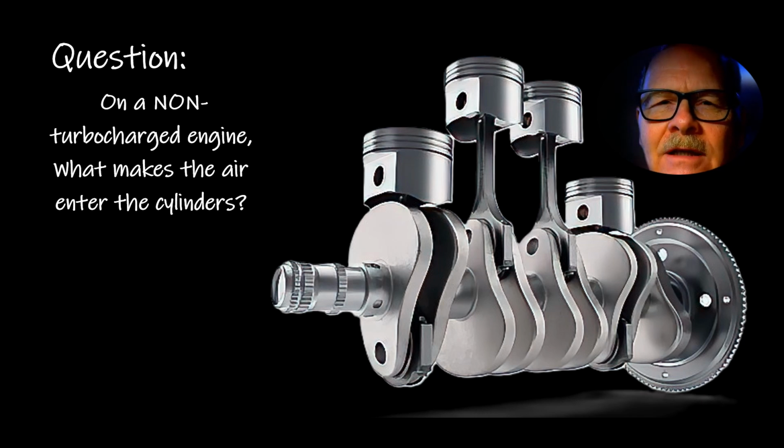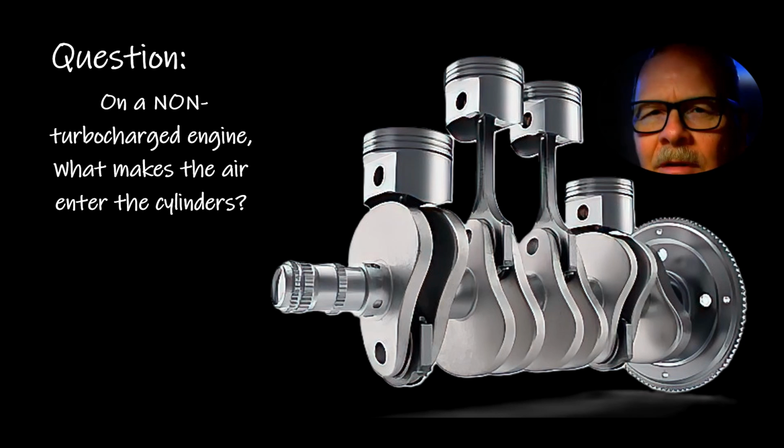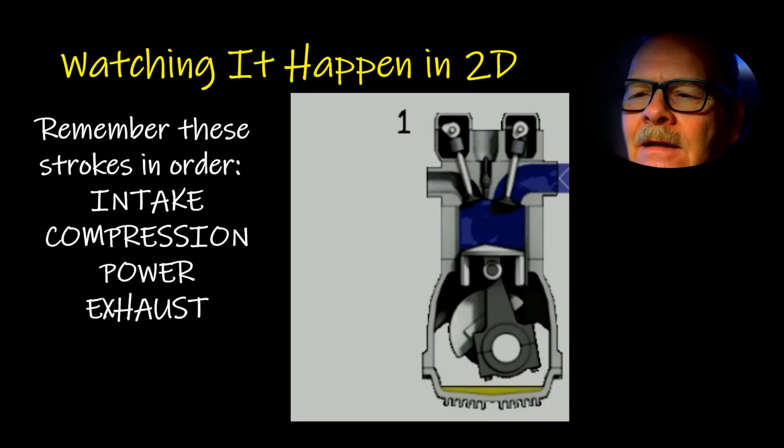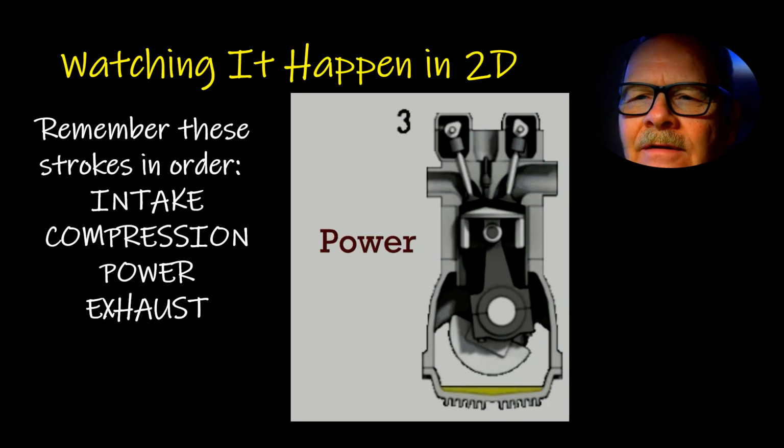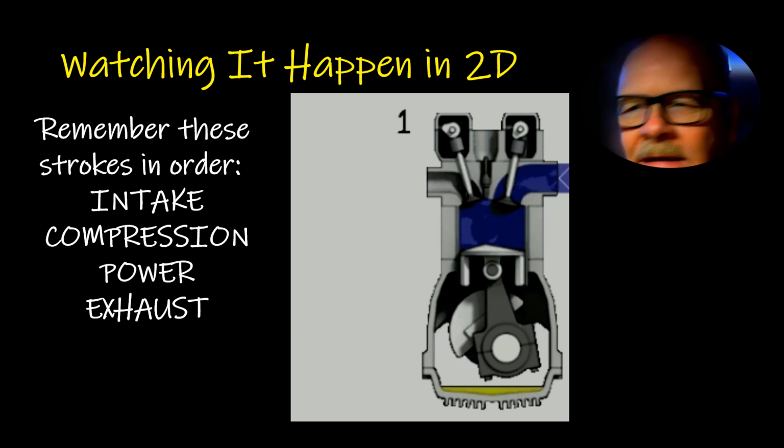Whenever the piston goes down with the intake valve open, it's starting with a small space and making it a larger space, and the vacuum that's created there, the air actually rushes in to fill that vacuum that the piston is creating when it's going down. And of course, then it traps it and then it squeezes it. This is kind of how that works. You remember these strokes in order: intake, compression, power, and exhaust.